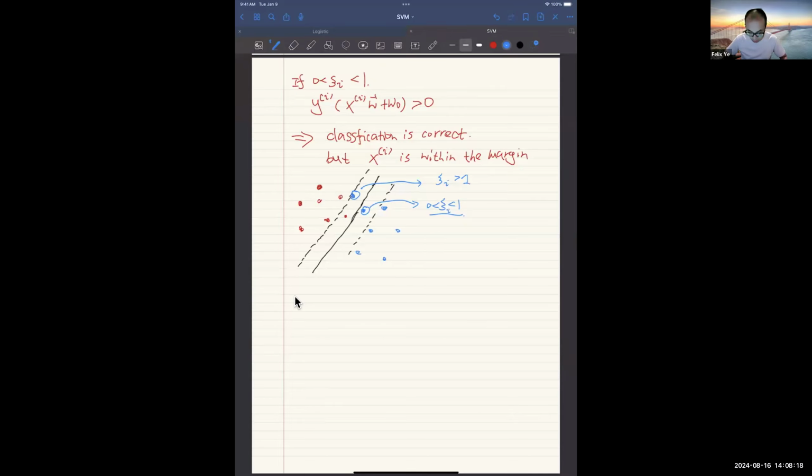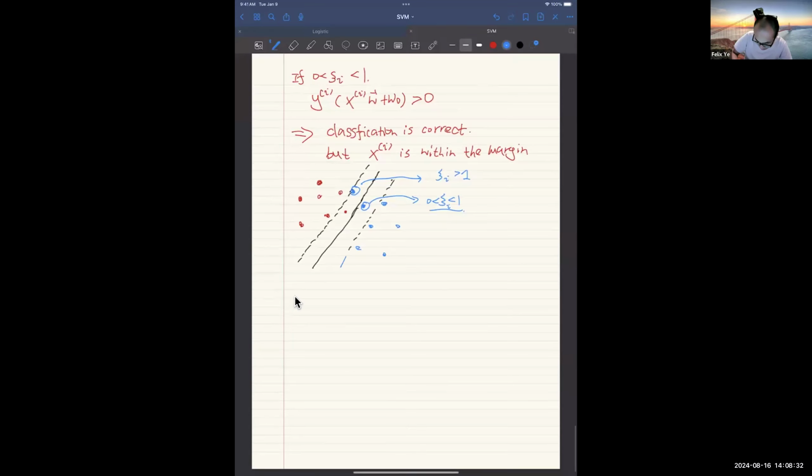So under this situation, when the c of i is bigger than 1, that indicates this point is incorrectly classified. So you can think about this line corresponding to c between 0 and 1. This is corresponding to c equal to 1.